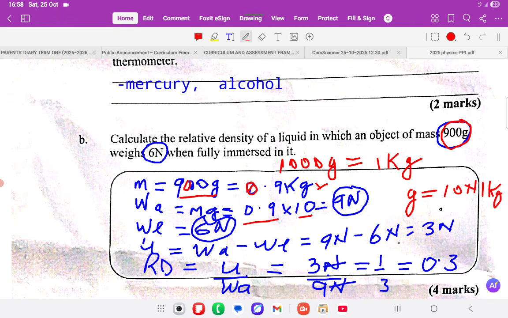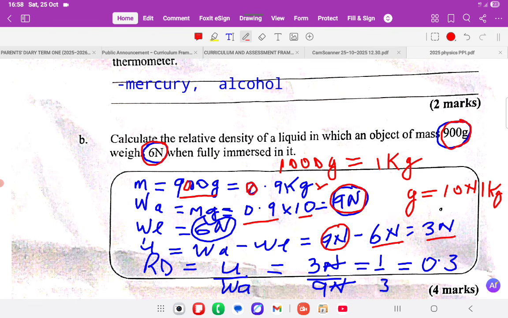All right, so in this case the weight in air is going to be 9 newtons, but we are already told that the weight in the liquid is 6 newtons. That means the apparent loss in weight, which is also called upthrust, is going to be 9 newtons subtract 6 newtons, which is 3.